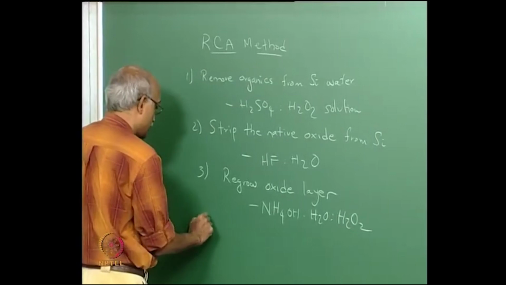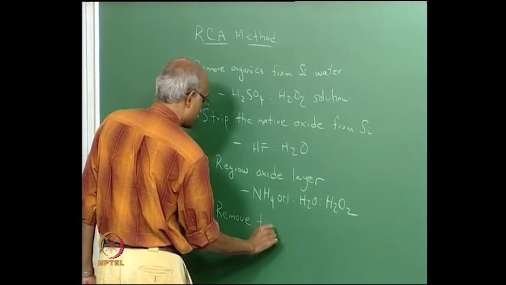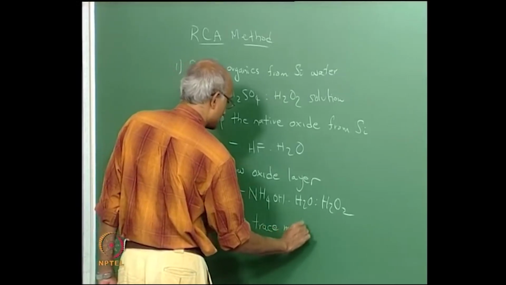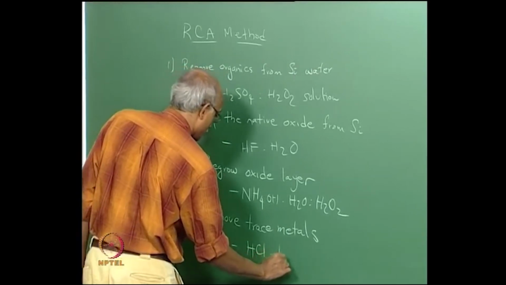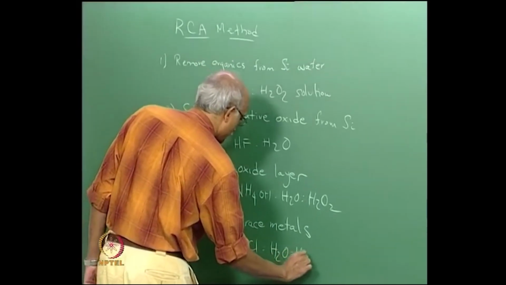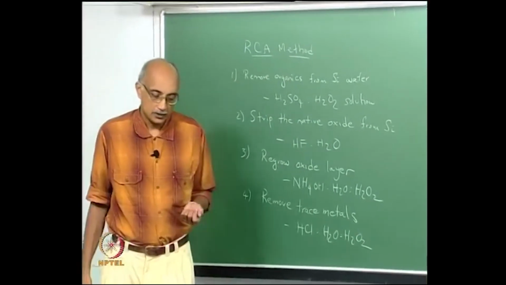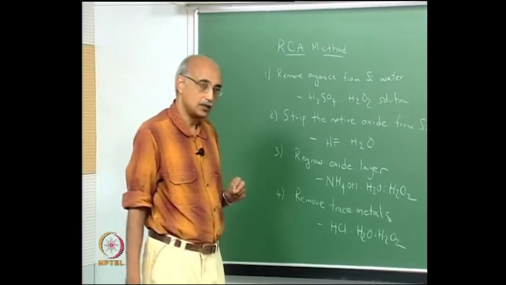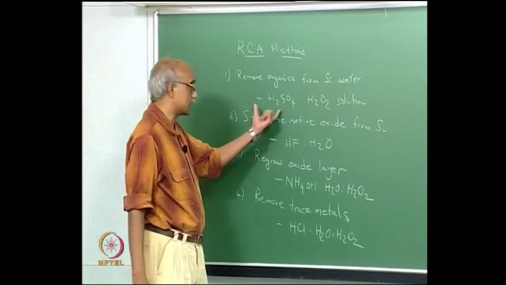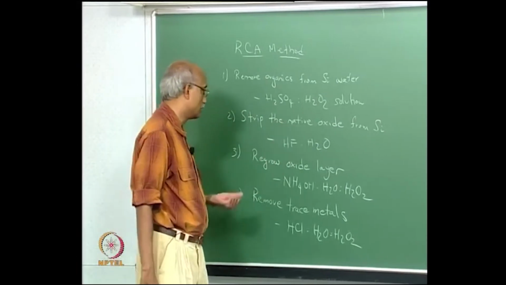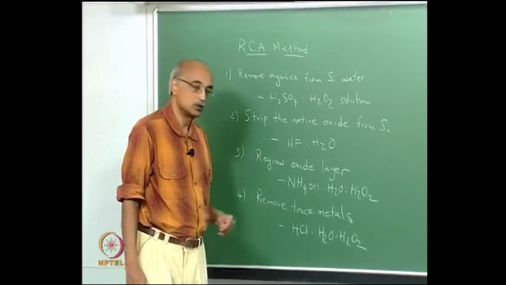And the fourth step is then to remove trace metal impurities, and this is done using HCl, H2O and H2O2. So, as you can see from a description of this process, it is chemically intensive and fairly complex in terms of the various chemistries that are being used, which range from acidic to oxidizing to inorganic to alkaline and again back to acidic.